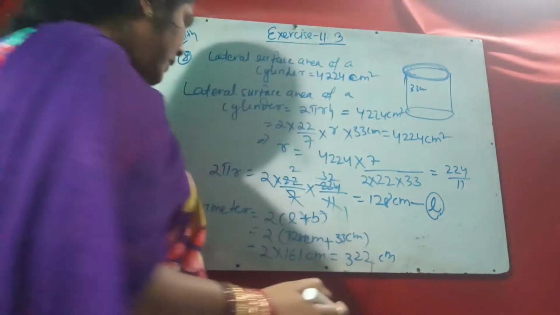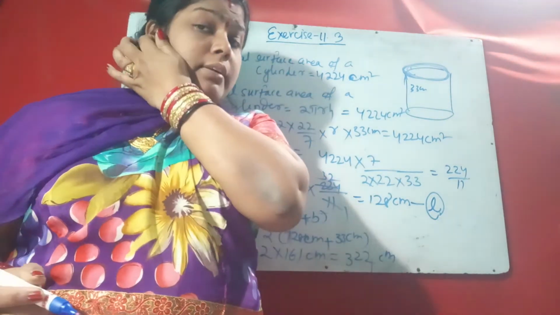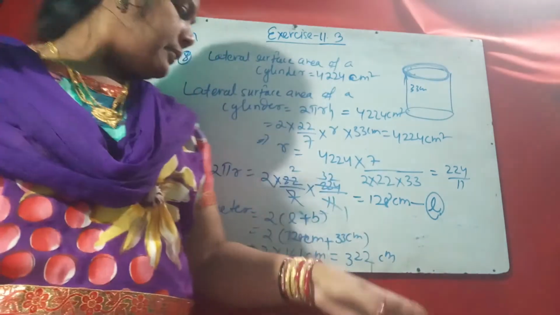So first you find the length of the rectangle, then find the perimeter of the rectangular sheet.